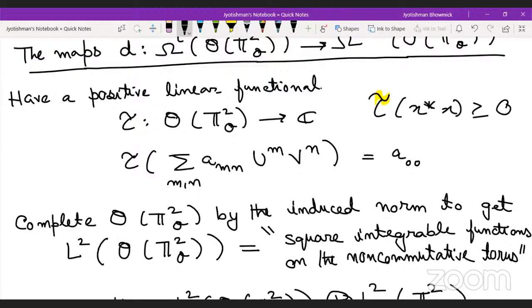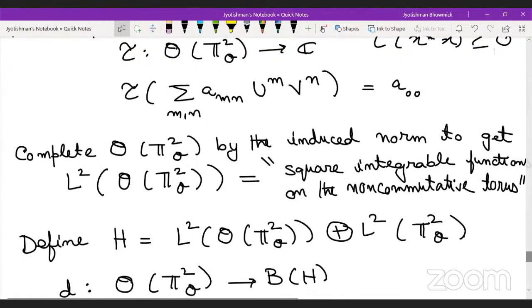Now I have this particular functional tau, and basically I can use this tau to give this thing a pre-Hilbert space structure, and then I just complete it to get some Hilbert space.